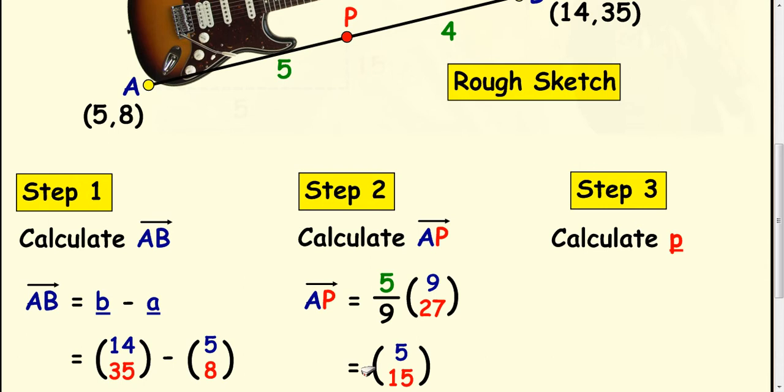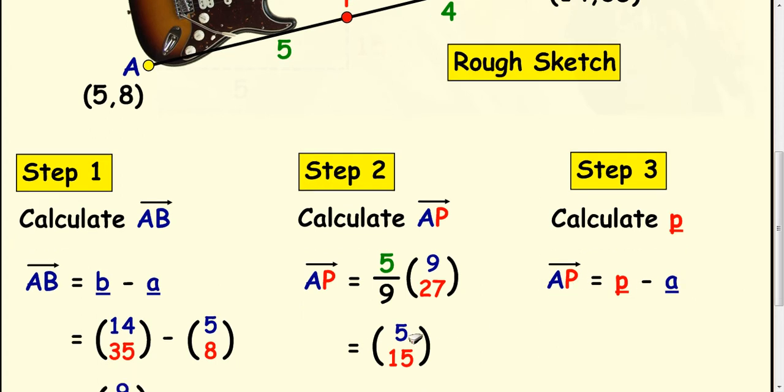Now the last step is we need to work out what the coordinates of P are. And similar to this first bit, we should know that AP is equal to P minus A. Now if we just do a wee bit of rearranging, we can work out what P is. P is a coordinate, A is also a coordinate, and we know what the vector AP is. We've worked that out here.